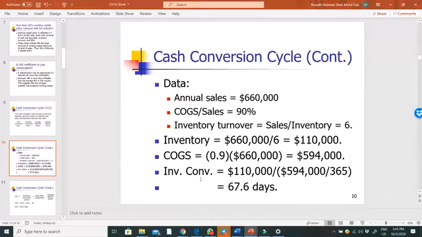So inventory conversion period equals 110,000 over 594,000 divided by 365, which is 67.6 days. This is how many days you need to convert your inventory to money.